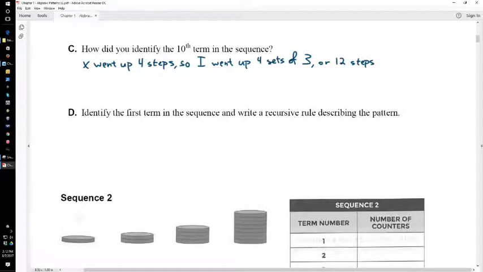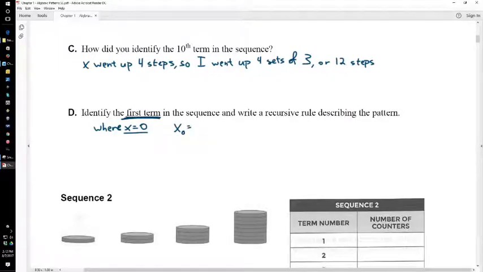Identify the first term in the sequence and write a recursive rule. Now, what we mean by the first term is where x equals 0. That's the starting point. So x at spot 0.